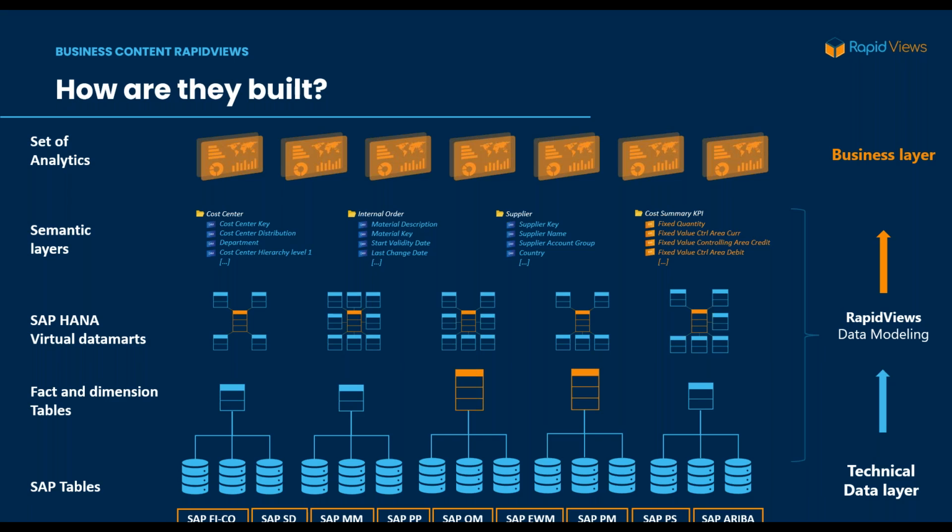For example, fixed quantity KPI, amount. Alexandre, do you have an example of KPI available? Yes. So for instance, the on time in full KPIs, also the customer and the supplier balances, etc.